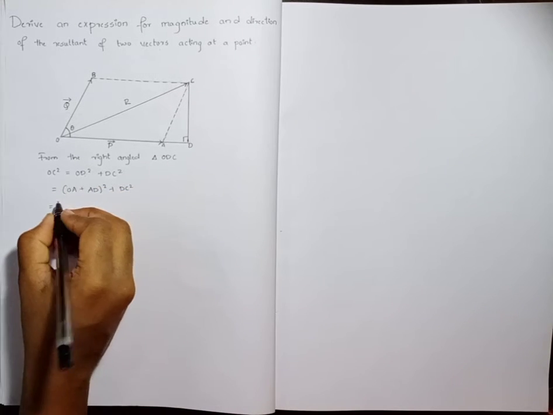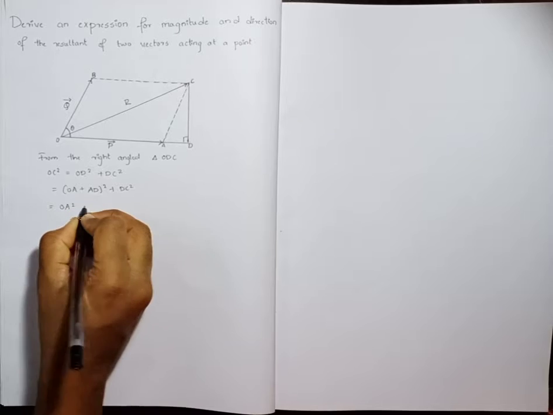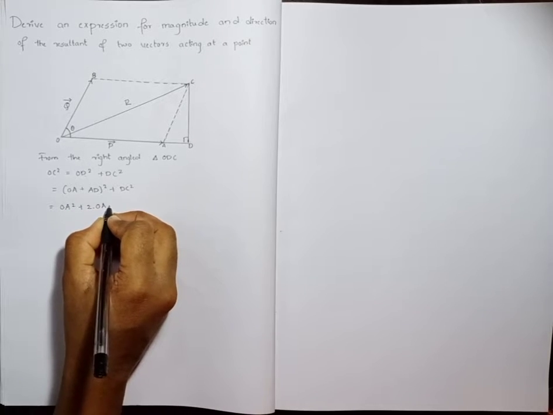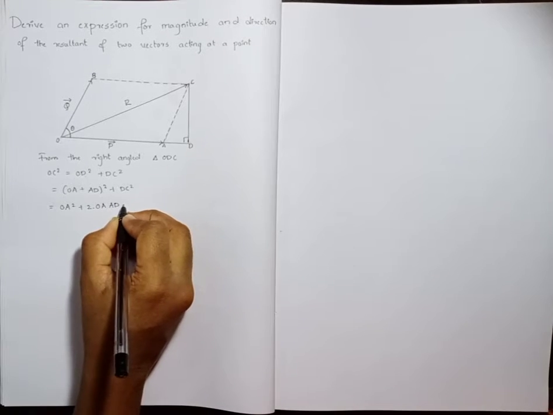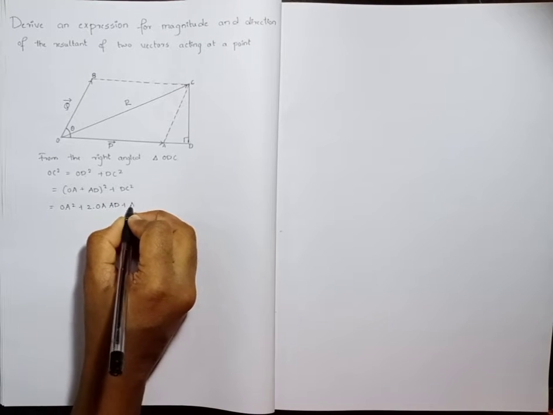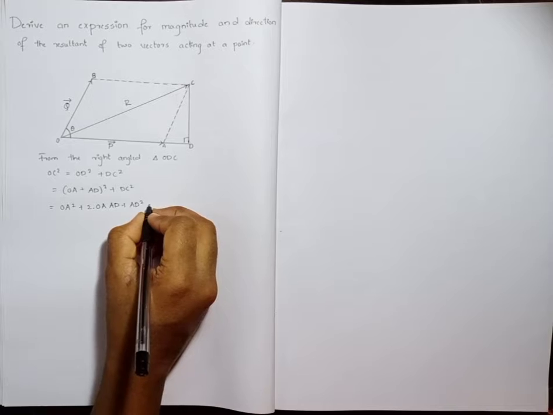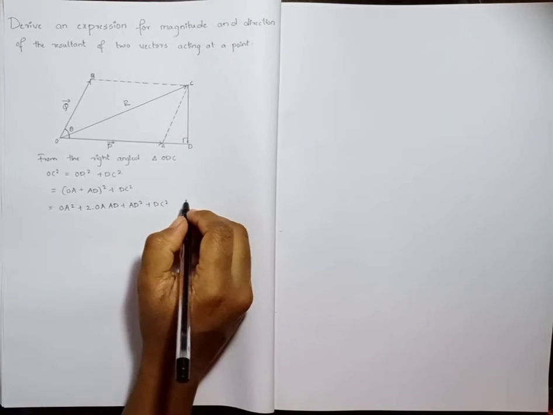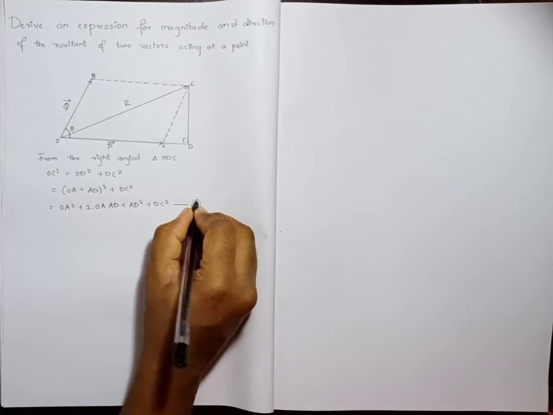So we'll solve this: OA square plus 2 OA AD plus AD square plus DC square. We'll consider this as equation 1.